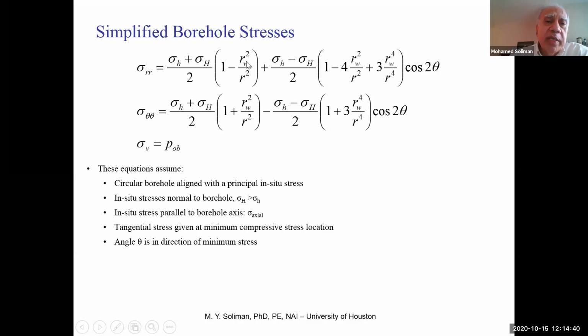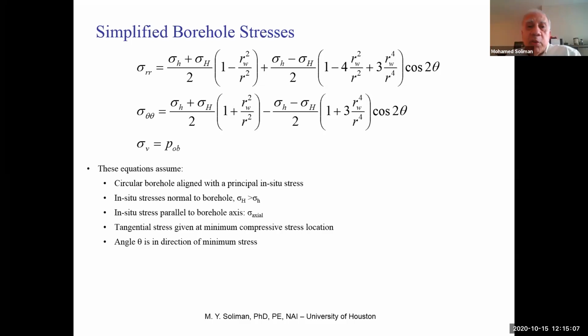RW is the wellbore radius, and R is whatever distance you are away from the center of the wellbore. I'm going to do it just mentally here. It may be a good exercise for you to eventually sit down with a piece of paper. I'm going to do it very quickly here.